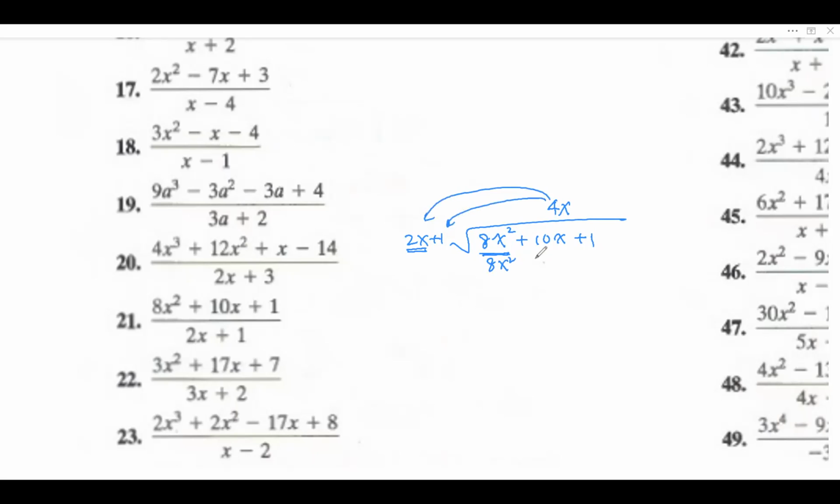Distribute this one and this one. So you got the 4x, right? Top minus bottom, 0 here. And 10x minus 4x, so you got 6x. Right, so you just need to find 3, 2x times 3, you got 6x. So you got a remainder of negative 2. So this part equals 2x plus 3. Remainder we put on top, all right? Don't forget to write this part as well.